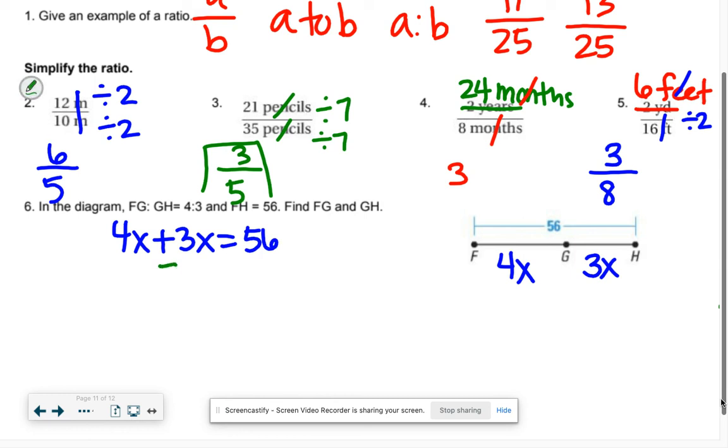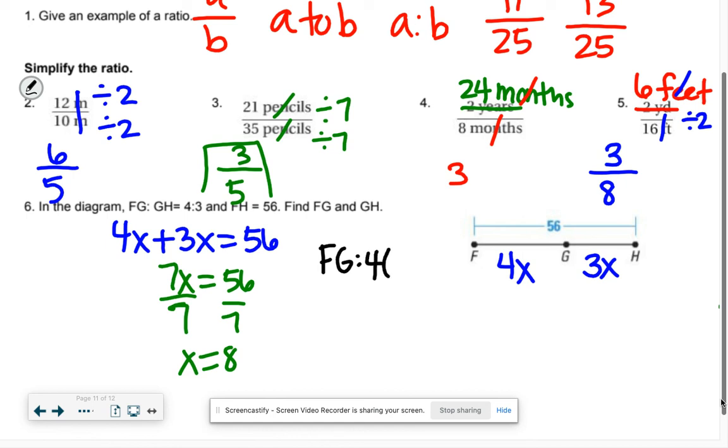But now you gotta answer the question. Plug back in, right? So FG would be 4 times 8, 32. And GH is 3 times 8, 24.